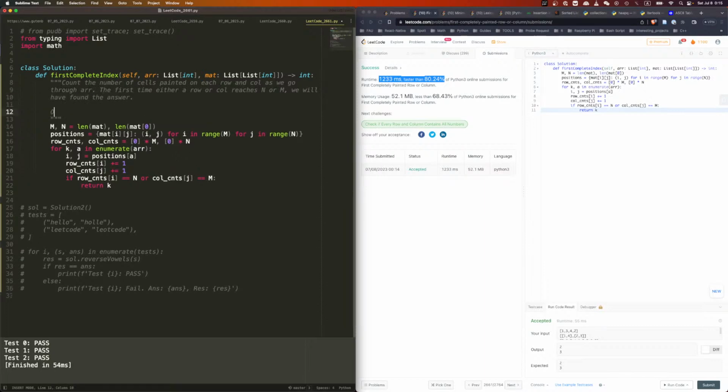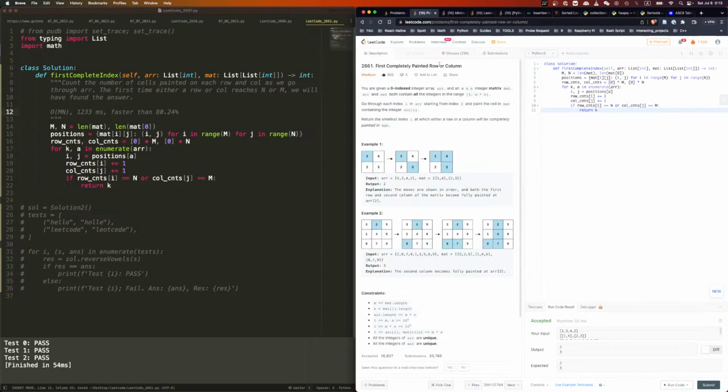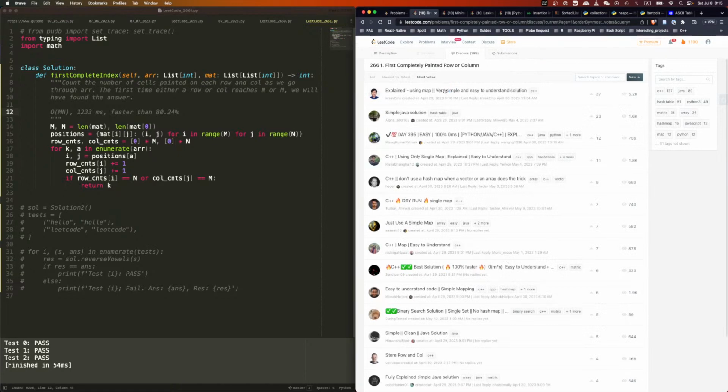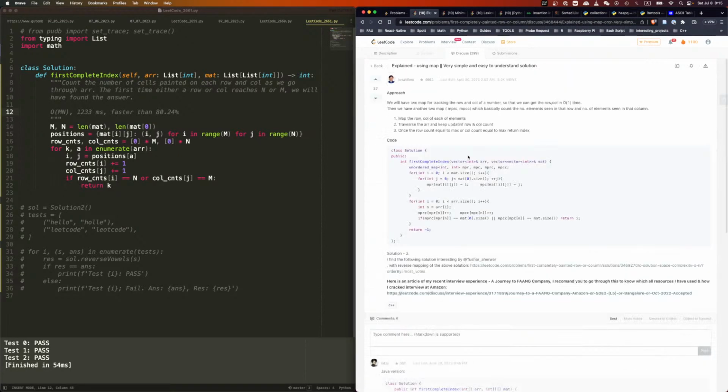So we call it O(MN) because this is O(MN) and this is O(MN) at most. So that's that. Okay, so this one is done. I'm pretty sure the solutions are pretty much the same using a map. Yeah. Okay, so that's that.